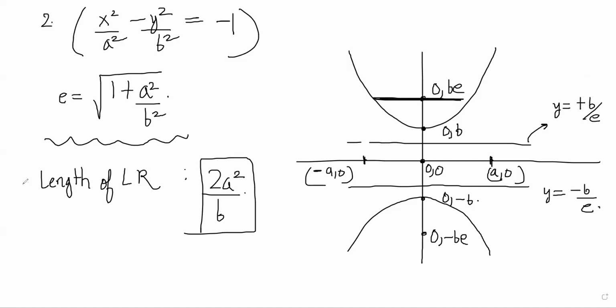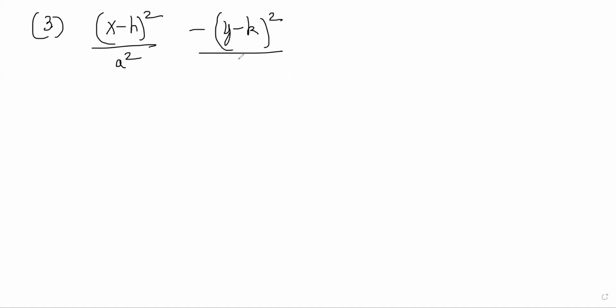Now, obviously, you can have a standard hyperbola that is shifted by some distance. This is basically a standard hyperbola whose center has been shifted to h comma k. In a similar manner as earlier, for the previous curves, parabola and ellipse, we have done this, so it should be familiar to you.